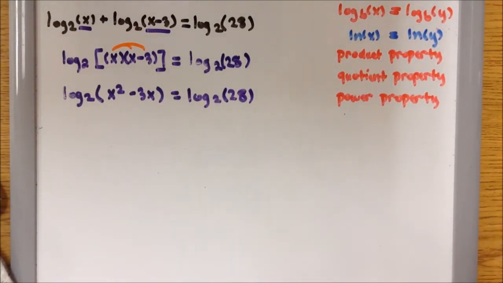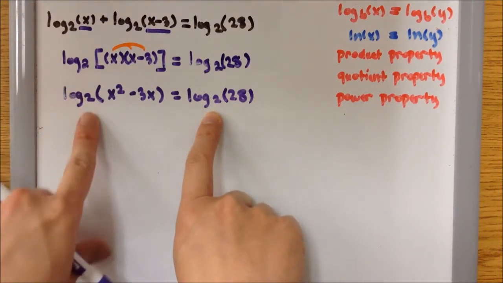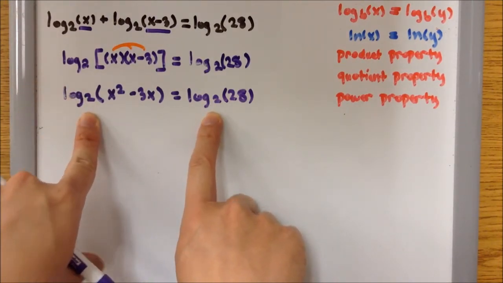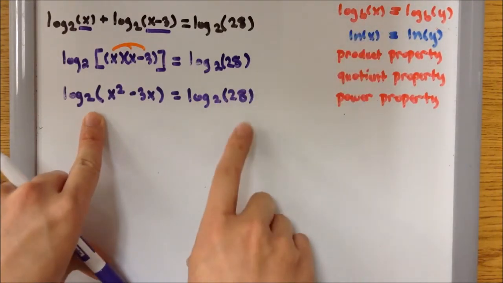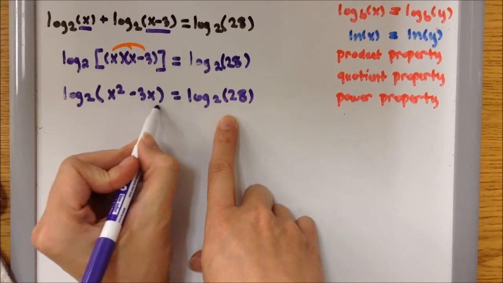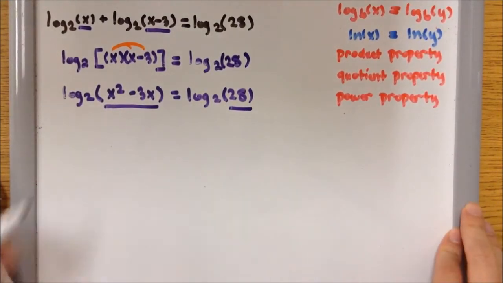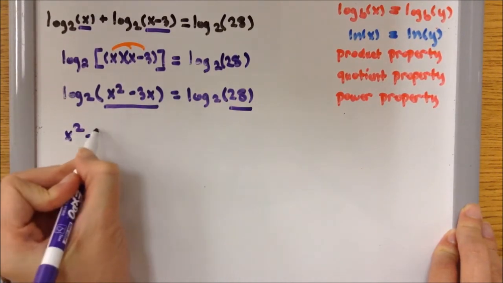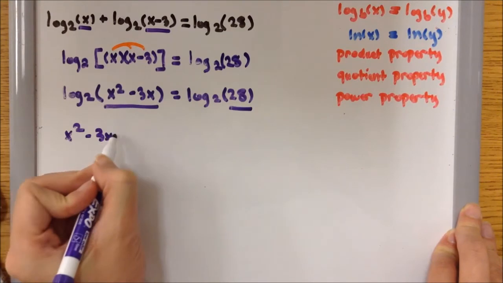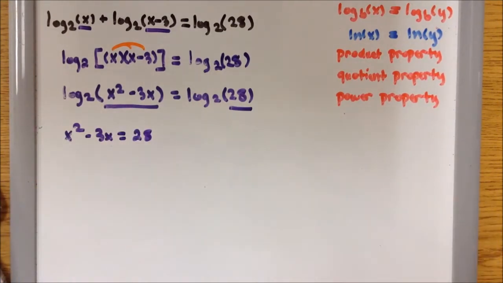Alright. So we got one log on the right side and one log on the left side. And they both have the same base. So it follows the one-to-one property. That means we can set what's inside the parenthesis equal to each other. So it's going to be x squared minus 3x equal 28. Alright, so we have x squared minus 3x equals 28.